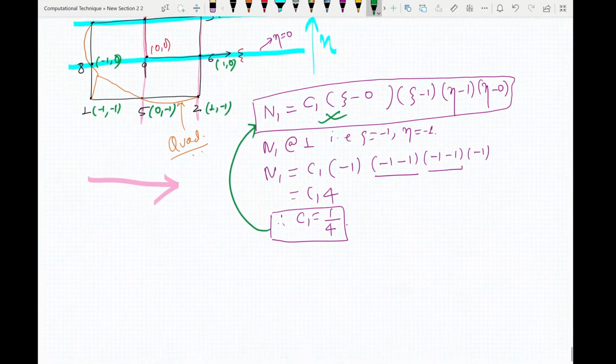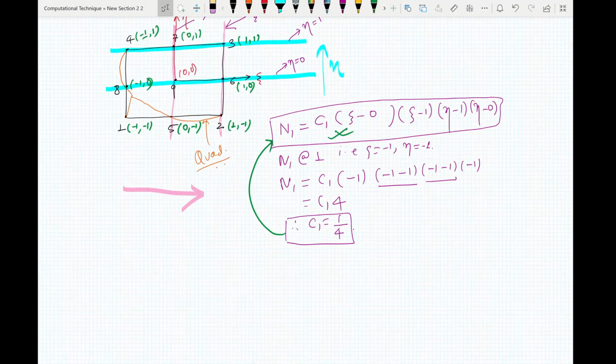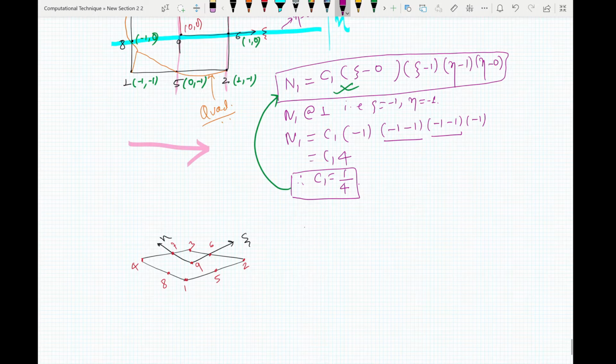Now let's try to find the shape function for N5. So we're trying to find node 5 here. If I draw the shape function for this one, it's going to look something like this in the xi direction, and in the eta direction it will look something like this, because this is 0 at 9 and 0 at 7 as well.